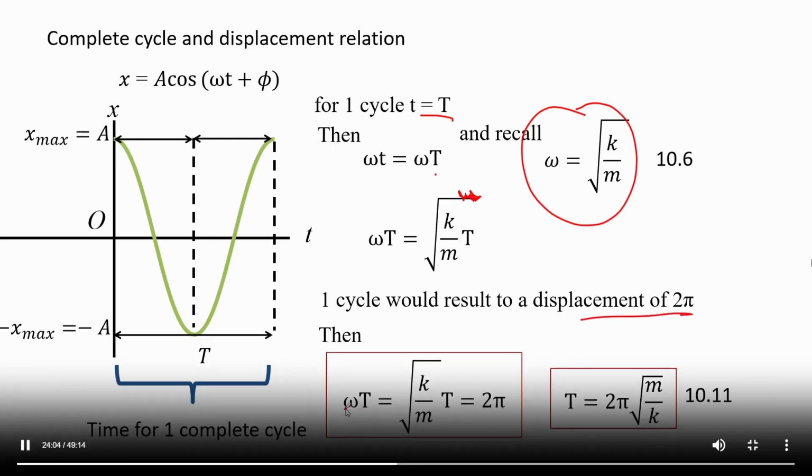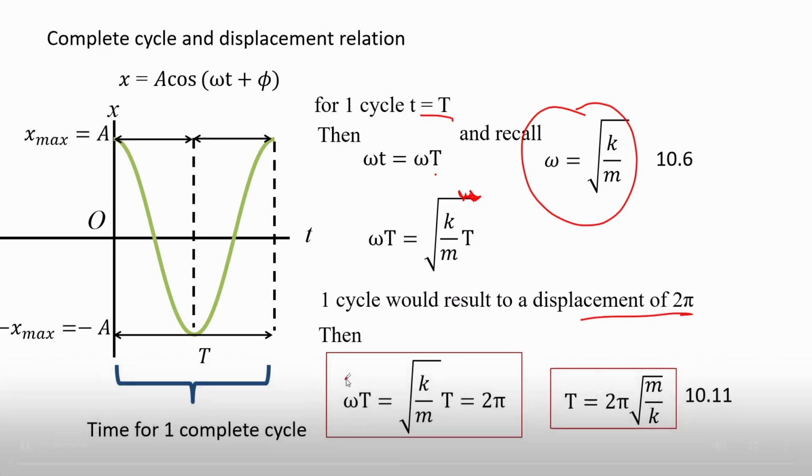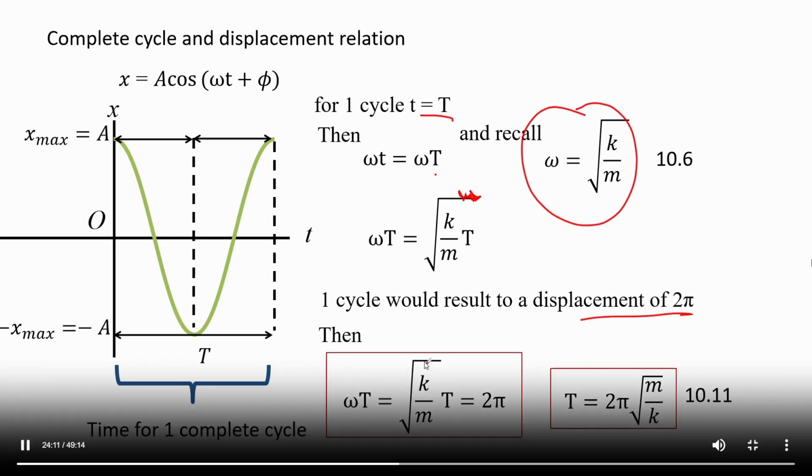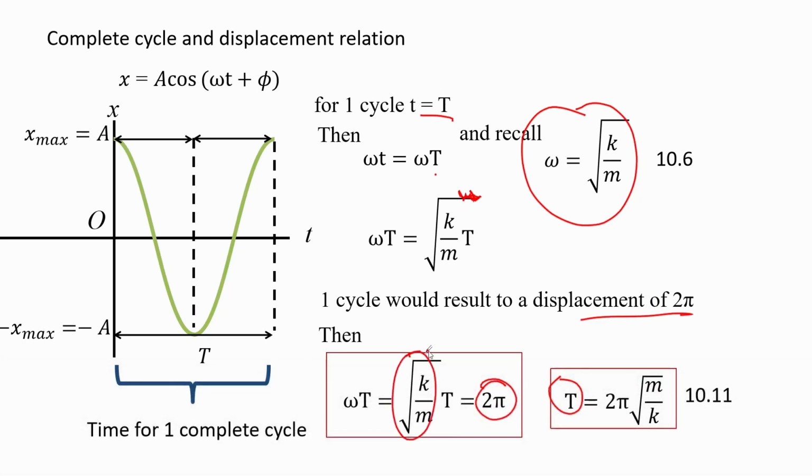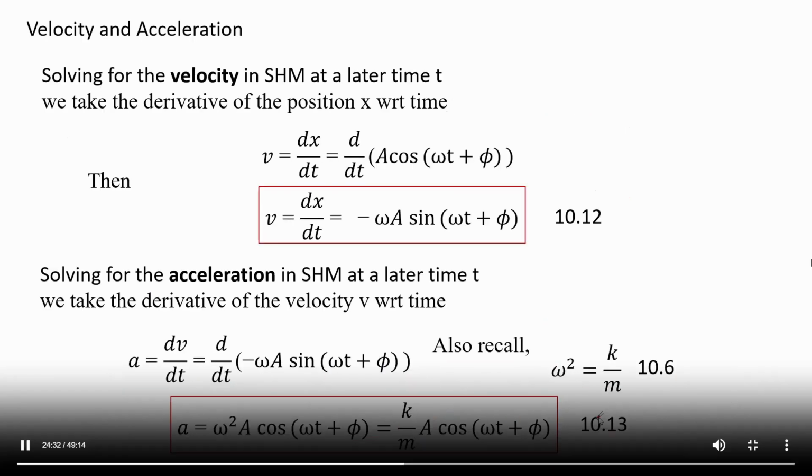Then omega t, which is basically the velocity times time, should give you a distance, which is equal to the period to the length 2 pi. So the period can be written as 2 pi over angular frequency. For this case, we simply invert this one. So the period is equal to the square root of m over k.